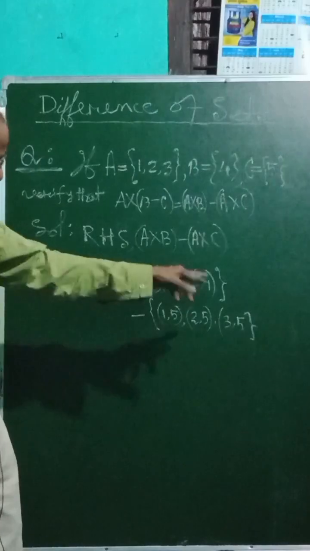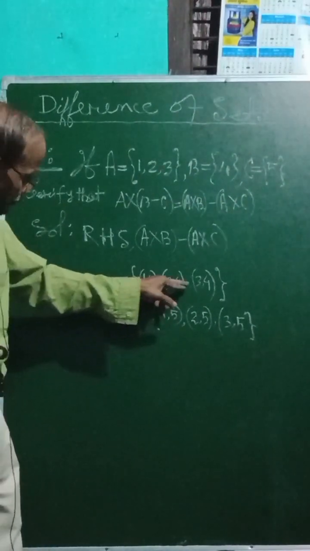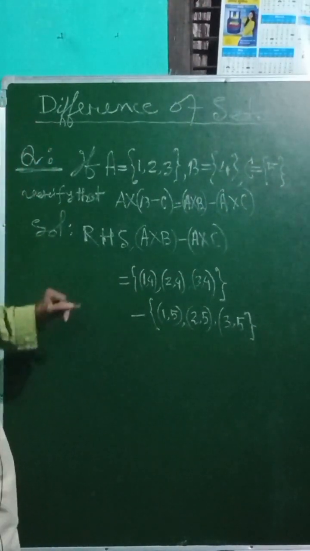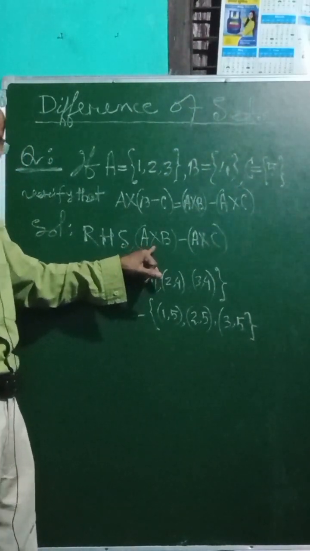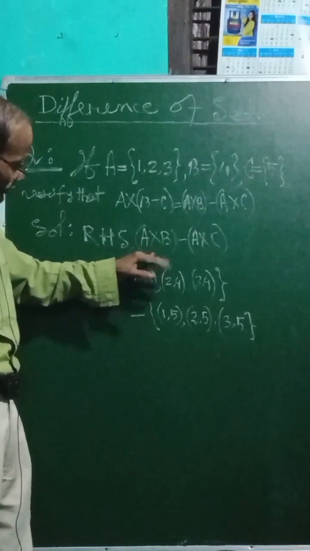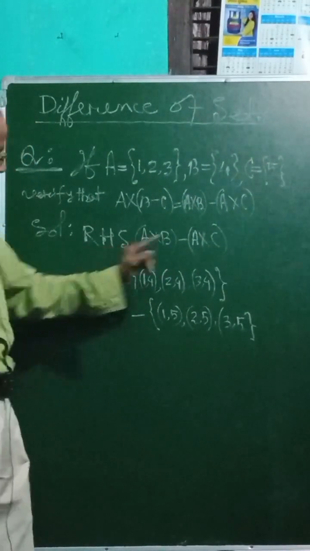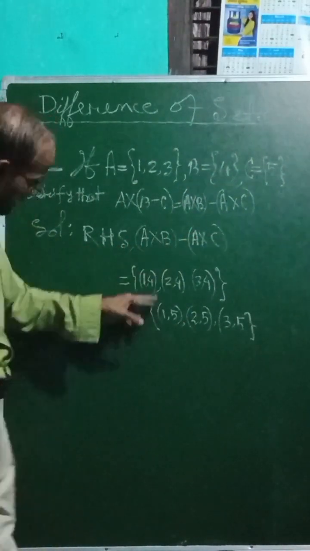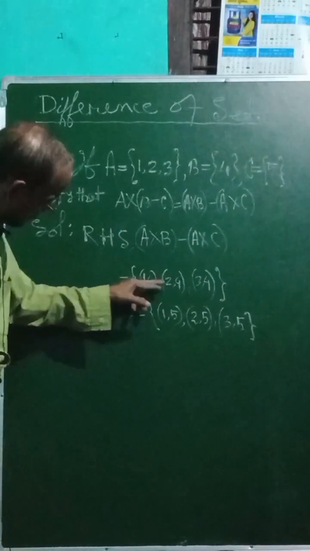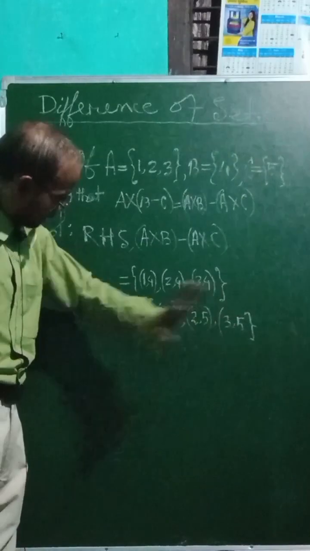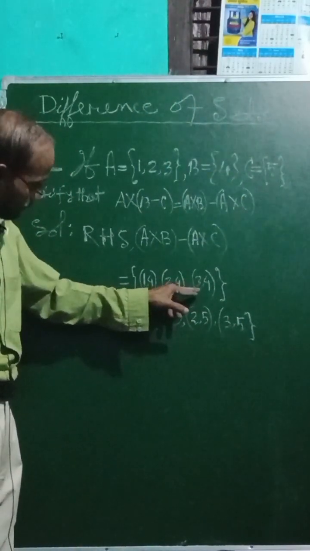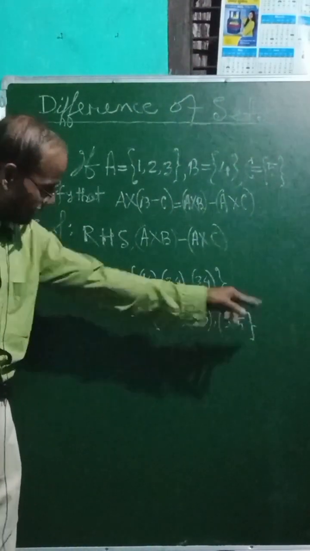Now you see that whatever elements are present in A cross B, those elements must not be present in A cross C. So do you find anything? No. (1, 4) is not available, like that (2, 4), (3, 4) are not available here.